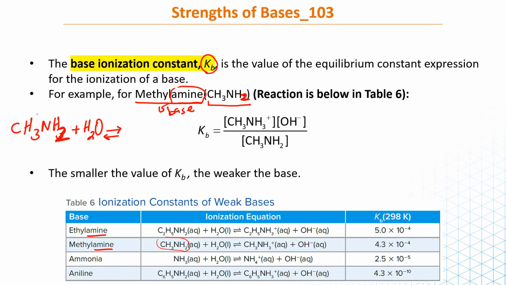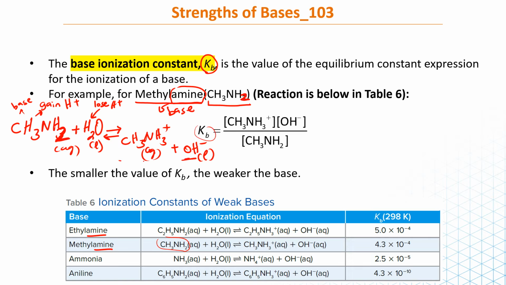So what will happen is this one will gain H plus, and this one will lose H plus, because this is a base. Remember the Bronsted-Lowry definition. So this will be CH3NH3 plus, because it had 2, now it's 3, plus OH minus. So this is aq, this is liquid, this is aq, and this is liquid. So we'll write the Kb.